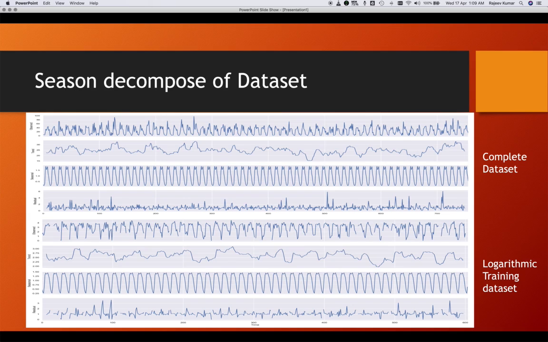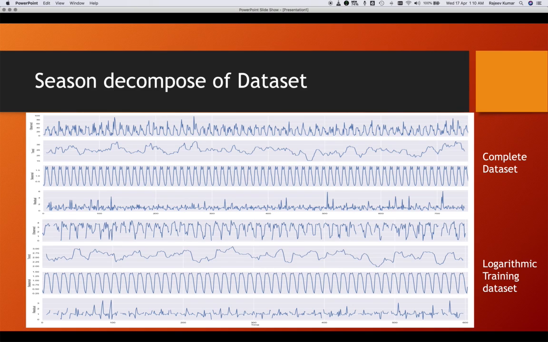The seasonality remains almost the same, but other things like the residual change; the observed value is the same and the trend is almost similar. So it looks like there is no clear pattern in the seasonal component of the data set.